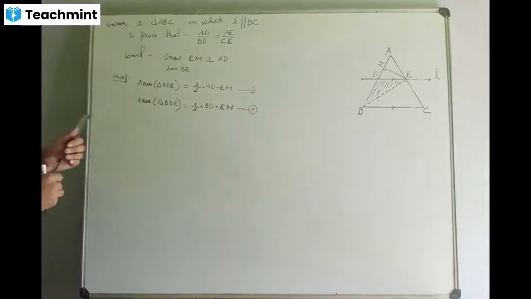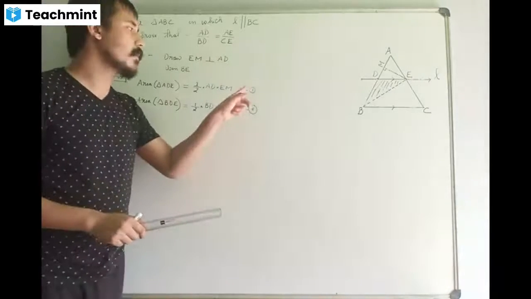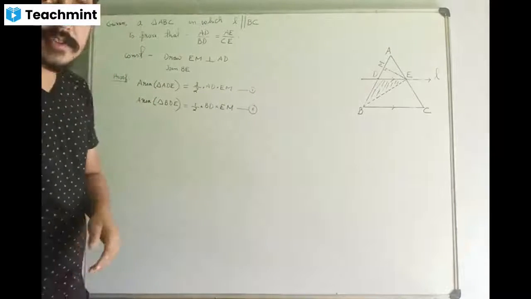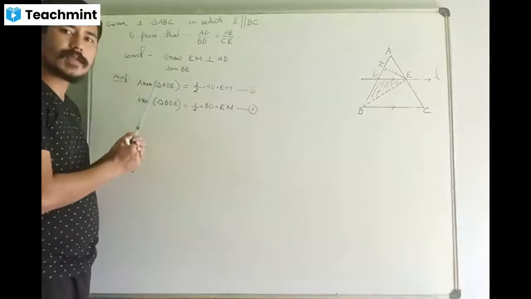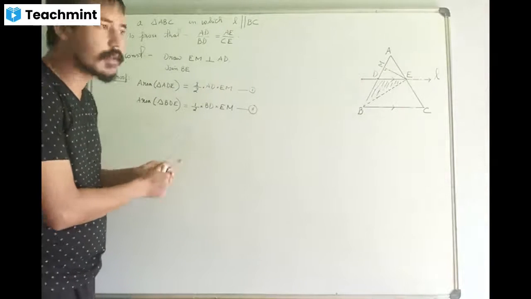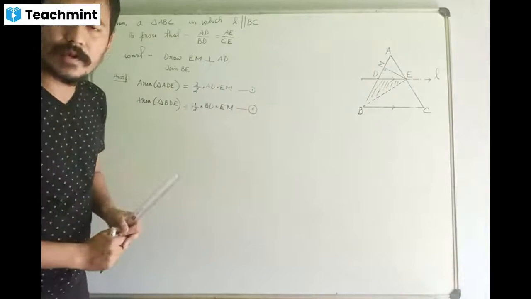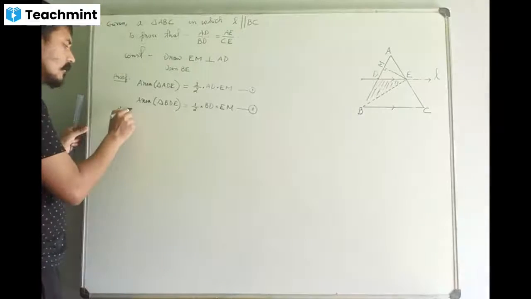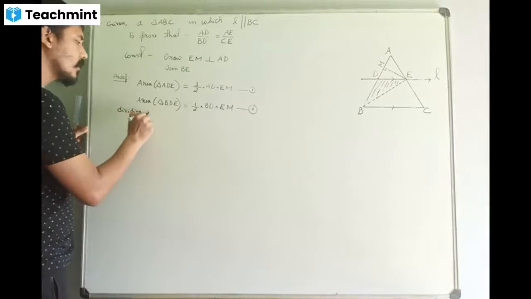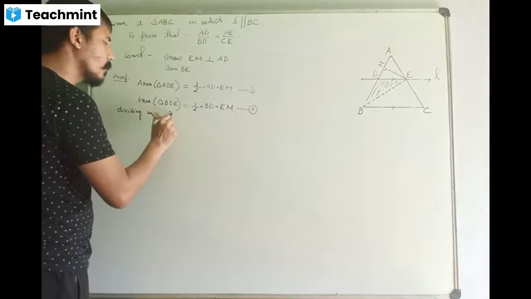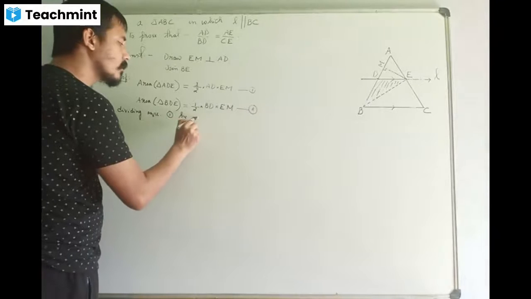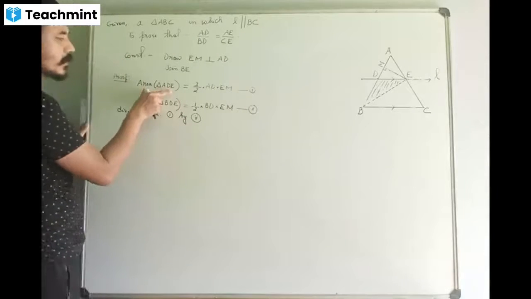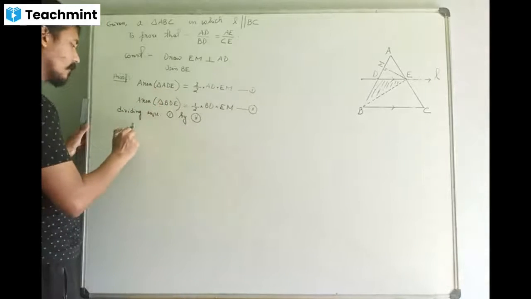Now I'm going to divide equation 1 by equation 2. If you divide two equations, left-hand side will always be divided by left-hand side, and right-hand side by right-hand side.